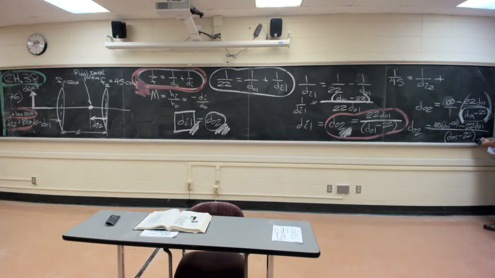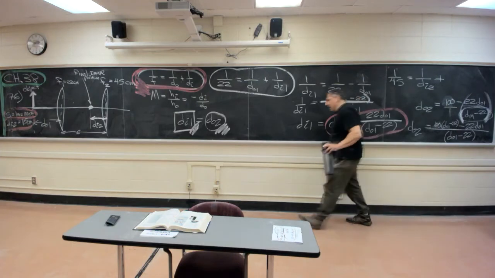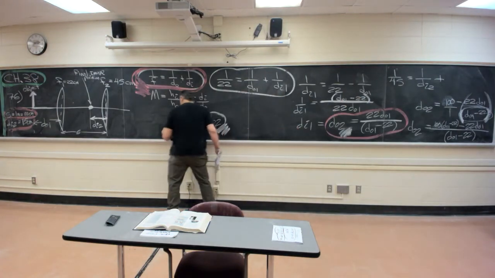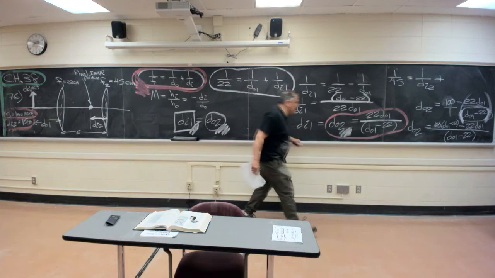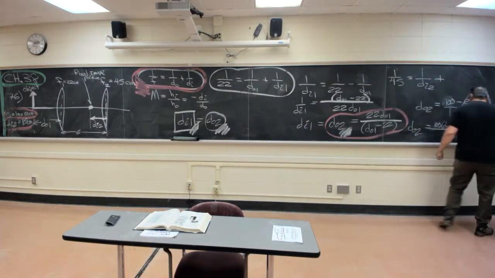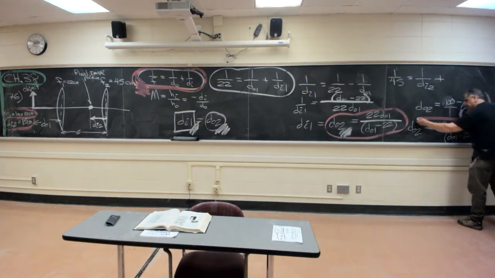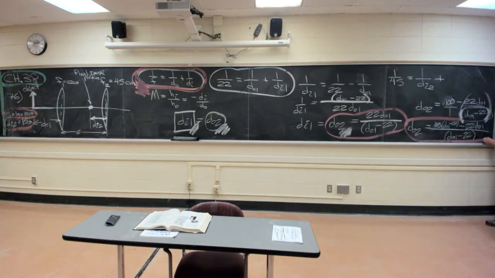So it's a little bit of a mess. They always are, whenever you're doing multiple situations like this, multiple lenses. So it's coming out to here. This is 100 do1 minus 100 times f1.